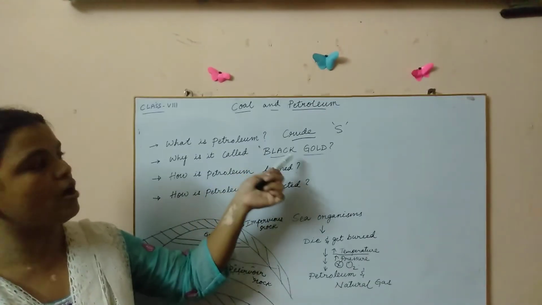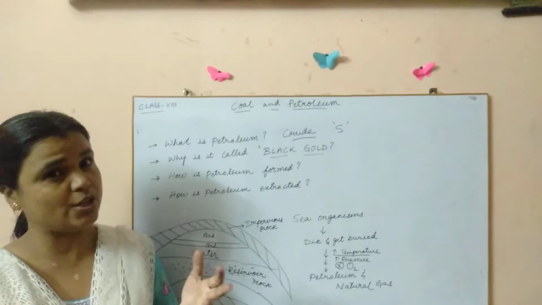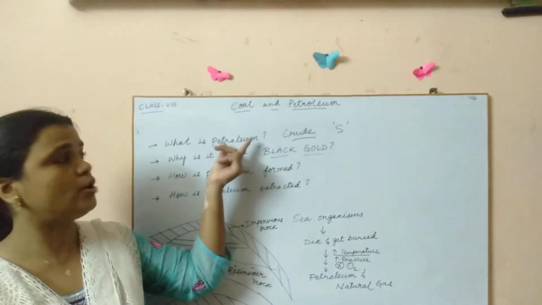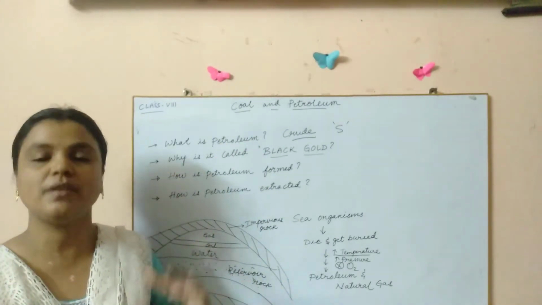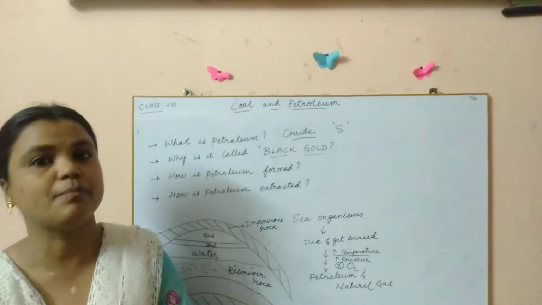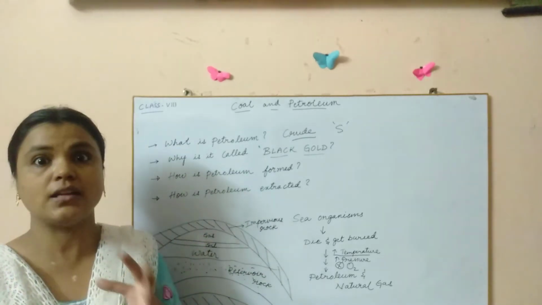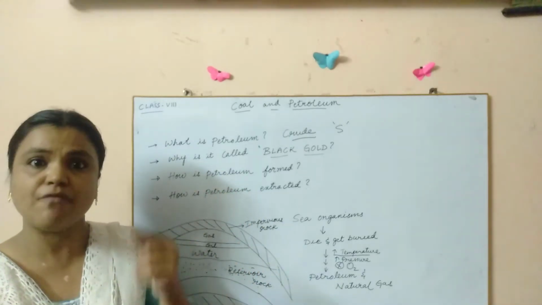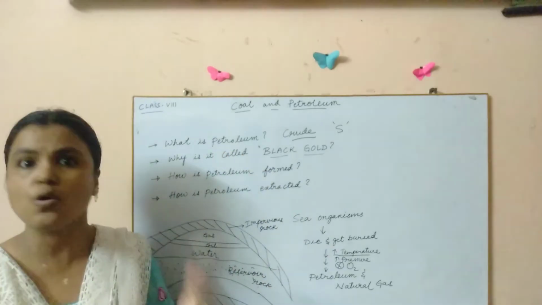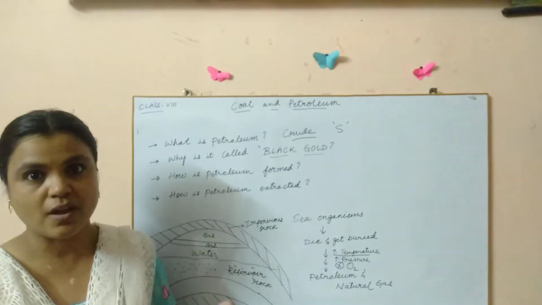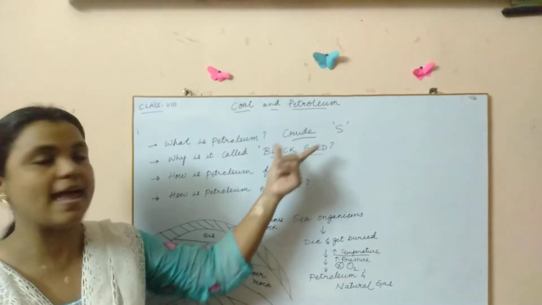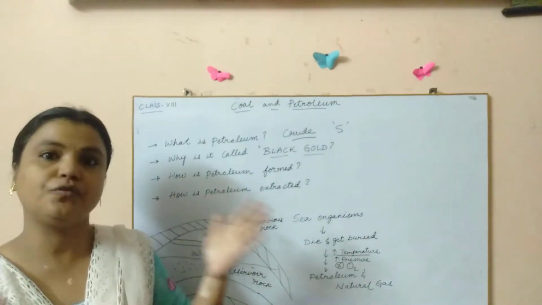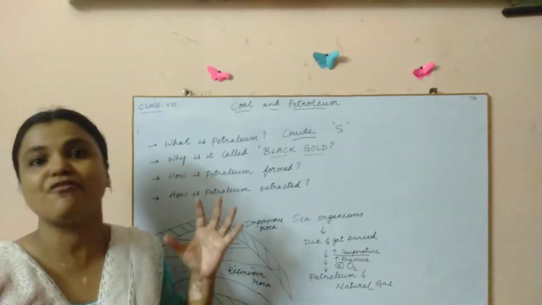Now why is it called black gold, children? You can understand from this that, as I told you, it's a mixture which contains so many substances, each of which has a particular function or use, and everything is so valuable. Every component present in petroleum is so valuable and so expensive that it makes petroleum black gold. Gold is what we refer to as anything which is very valuable.